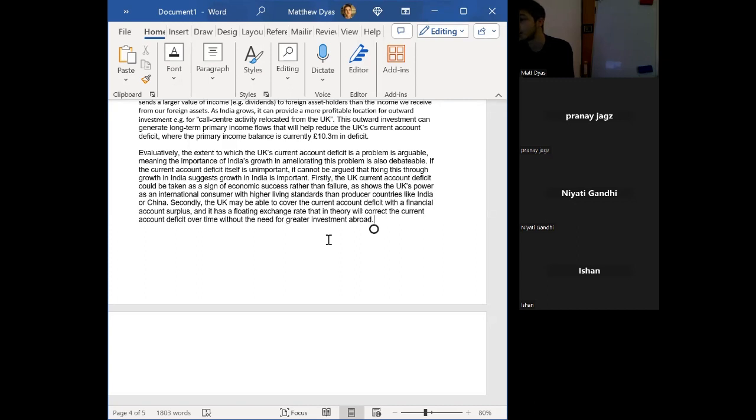And so again, we do need them a lot more than they need us. That's sort of a function of their size, basically. And therefore, I would argue, my conclusion would be they're very, very important to the UK economy, basically because of their size and because of the current geopolitical situation, meaning the West kind of needs an alternative to China in terms of this big emerging market economy.